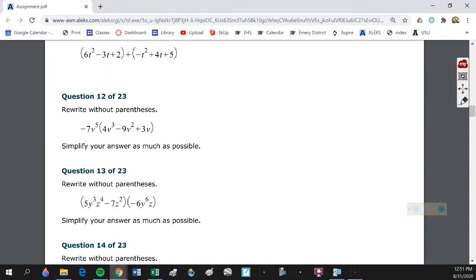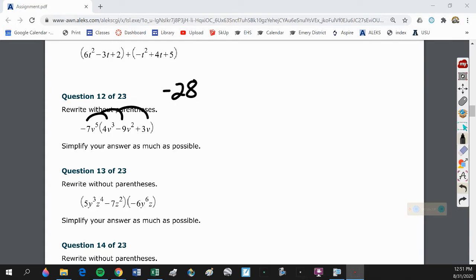So we need to distribute, and FOIL only applies if you have 2 and 2, so we'll just call it distribute. So we need to multiply this to each one of those. So negative 7 times 4 would be negative 28. And then what is v to the 5th times v to the 3rd? Is it 8 or 15? So when you multiply variables, what do you do with the exponents?